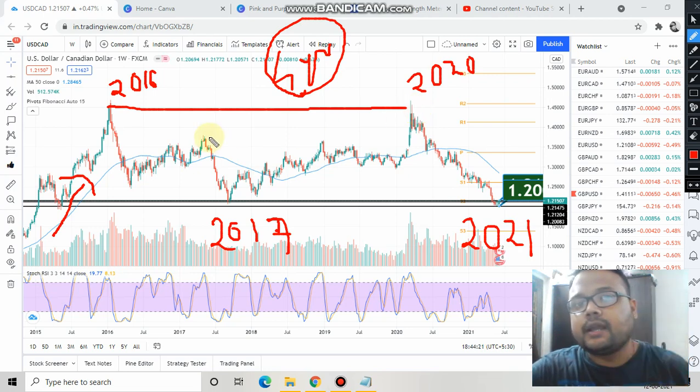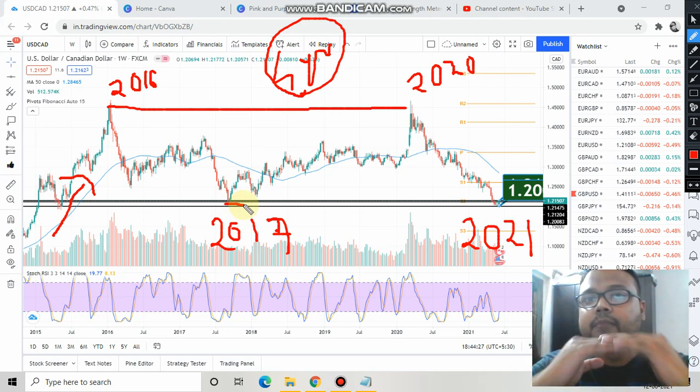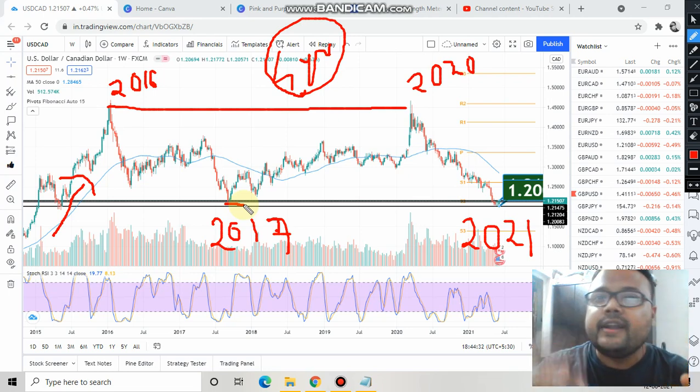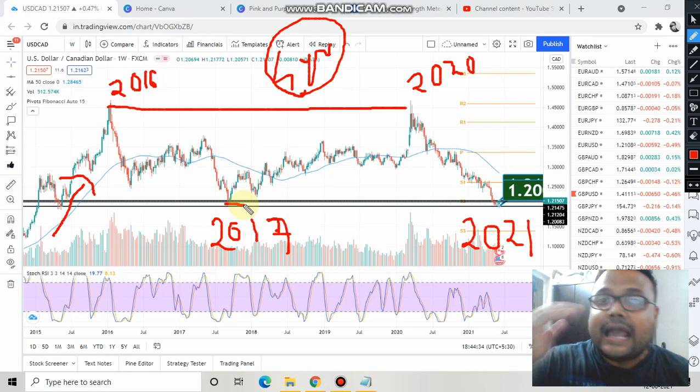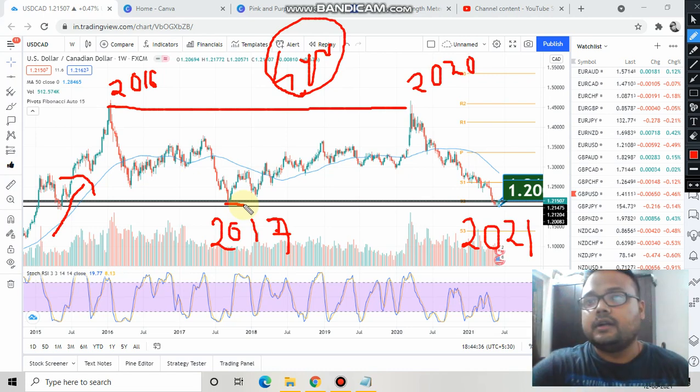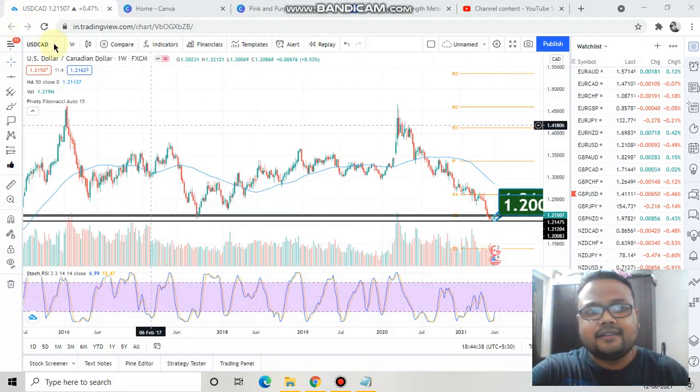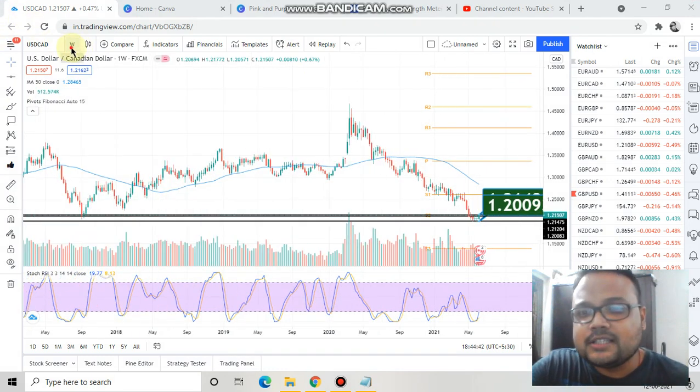But once market came down to this particular price level, the price stopped falling, which means that buyers were present in the market. Bulls are there in the market who are very serious, and they will not allow the price to go down further. As a result, there was some good battle. We got some dojis, spinning tops.